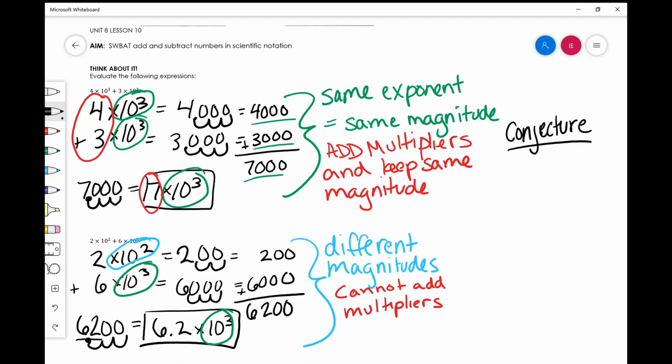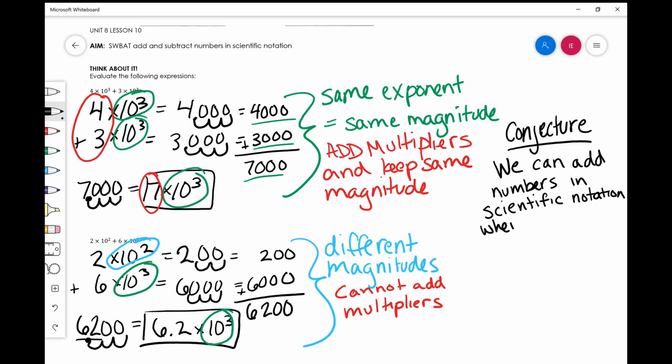We can add numbers in scientific notation when the values have the same magnitude. Just like in example 1, we have the same magnitude and it was easy to add those numbers together. In example 2, it's difficult to add those numbers because we have different magnitudes.